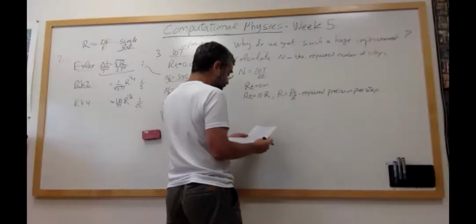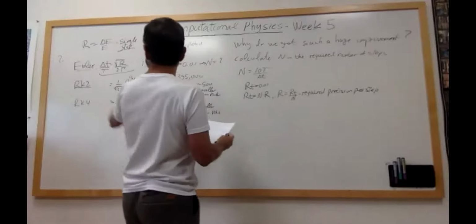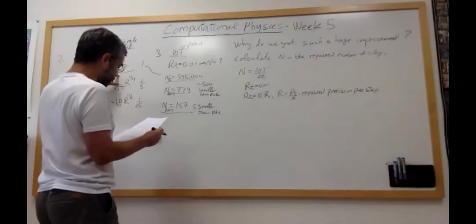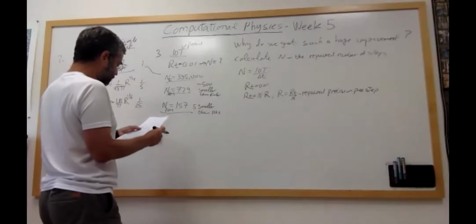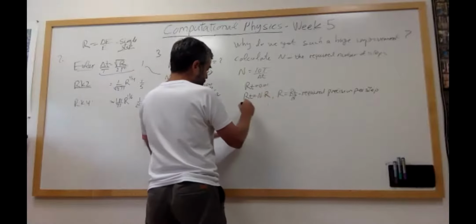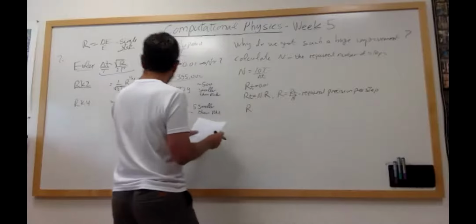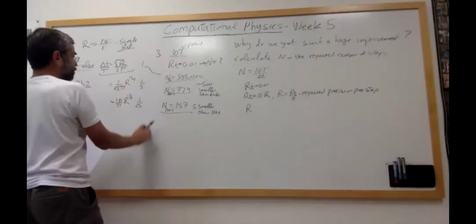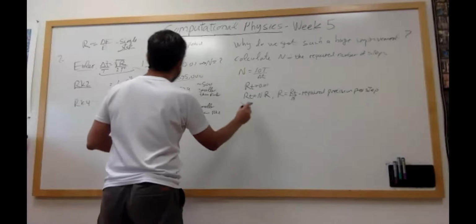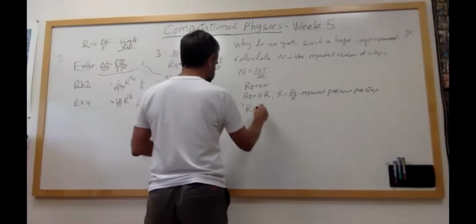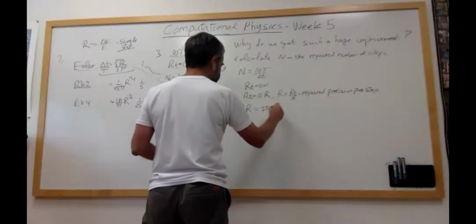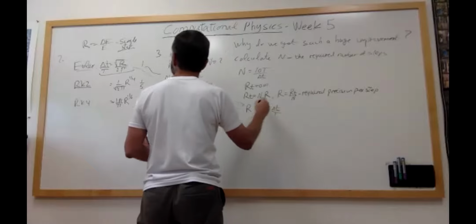On the other hand, from the earlier derivation we get that r is 2 pi delta t over T squared.